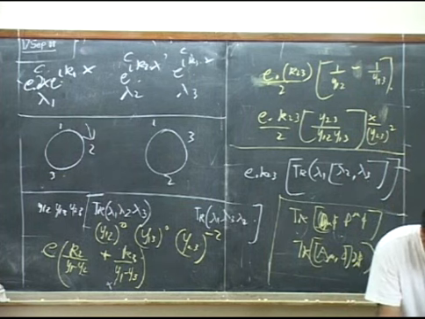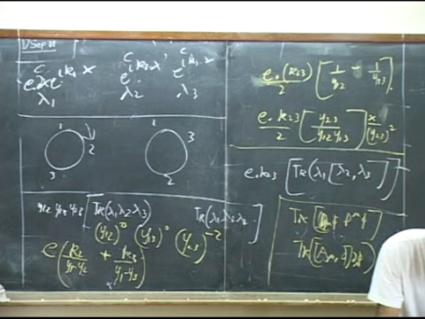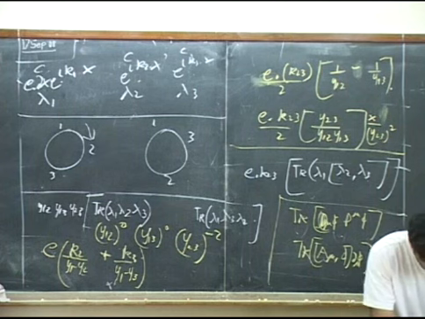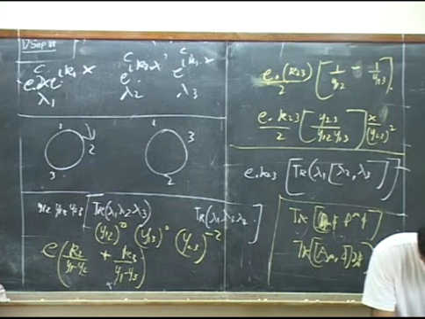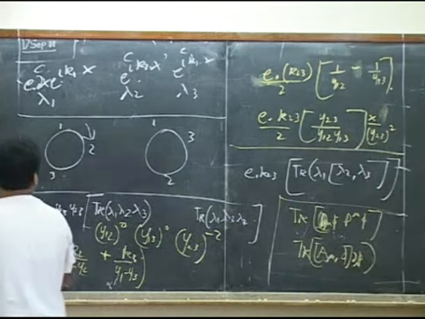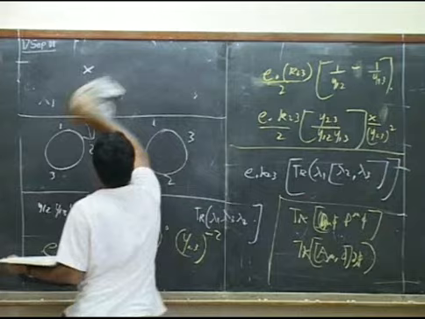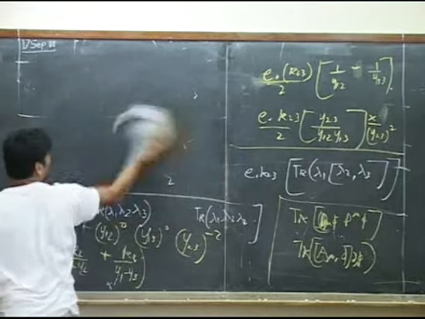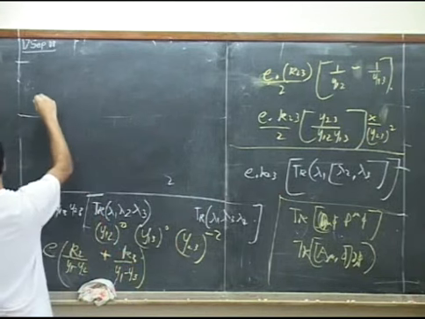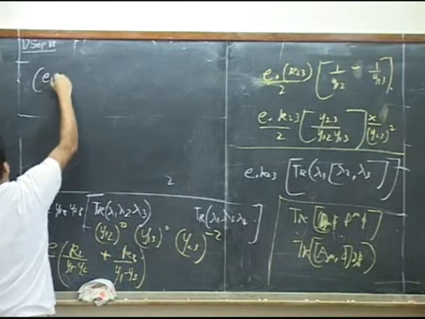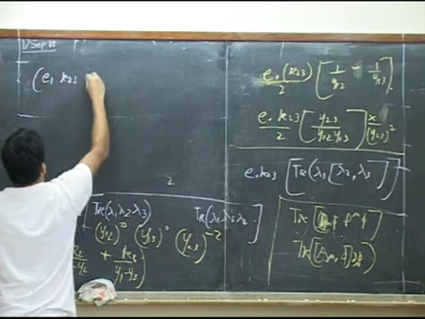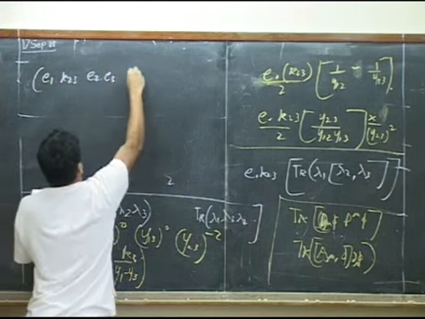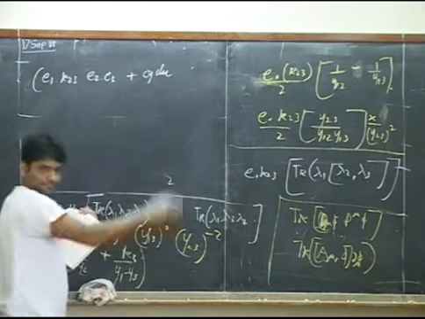I'll just quote you the result. It's a little complicated. Apart from these various delta functions and so on, you get E1 dot E2 into E3 dot K12, plus cyclic permutations.